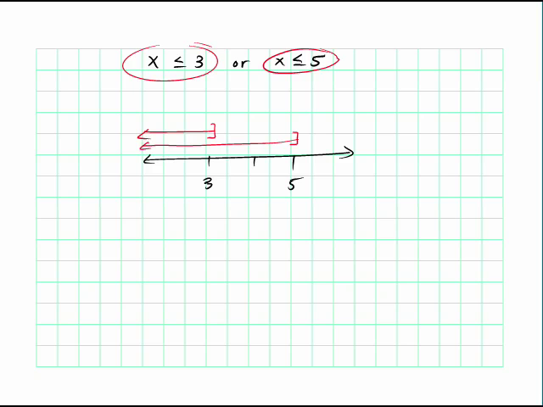Now, this is an or statement. It is not an and, so I don't just write down the overlap part. This is an or, and that means that I just basically keep everything that has been shaded at least once. Well, notice that everything has been shaded from here all the way over. And so that is my solution. In our interval notation, that would be written as negative infinity to 5, bracket. So notice in this example, my solution didn't look exactly like the scratch work above it.